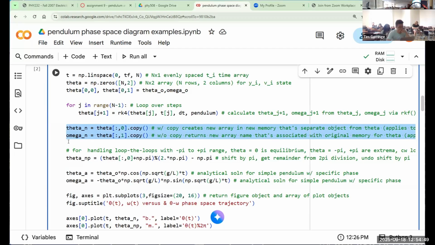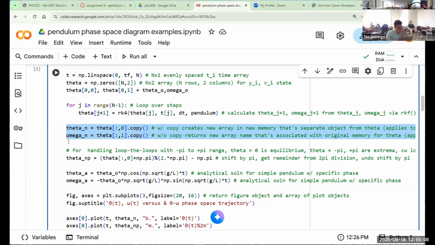I want to separate out the theta and the omega into 2 one-dimensional arrays that are going to be proxy variables for theta and omega versus time. So that's where I am doing this slicing here.